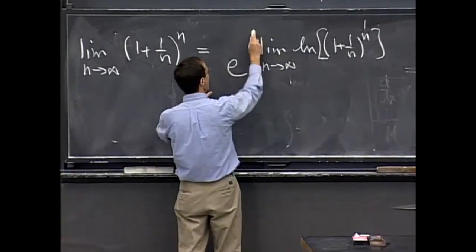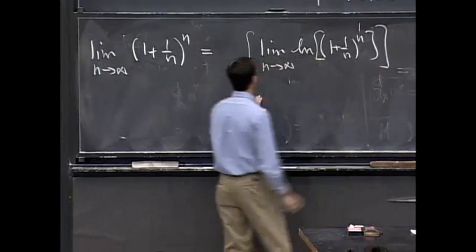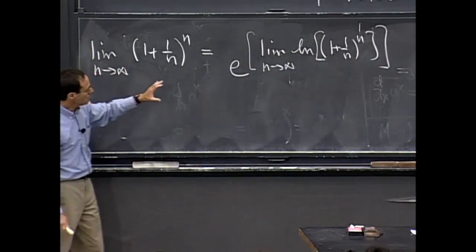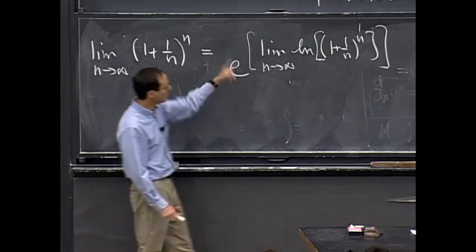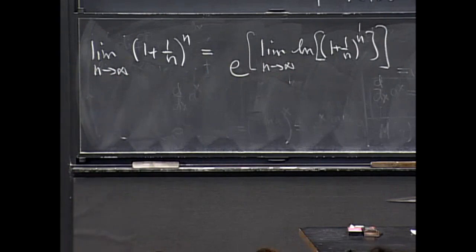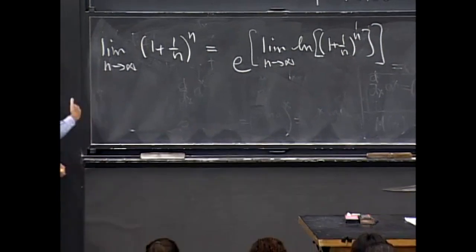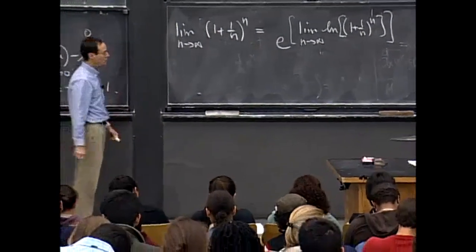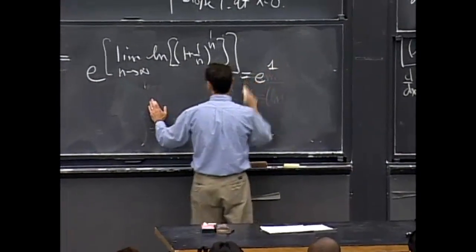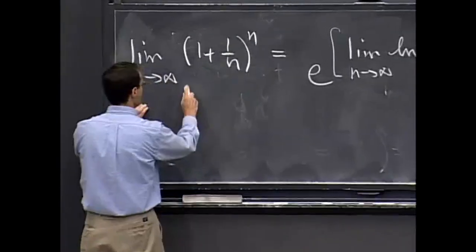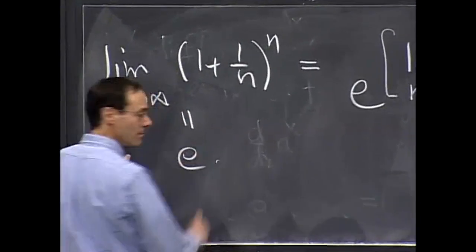So it's really e to this power here. So this is the same as the limit of the log of the limit of this thing, which is the same as the log of the limit. The limit of the log and the log of the limit are the same. Log lim equals lim log. Okay? So I take the logarithm, I take the exponential, that just undoes what I did before. And so this limit is just 1, so this is e to the 1, and so this limit that we want here is equal to e.